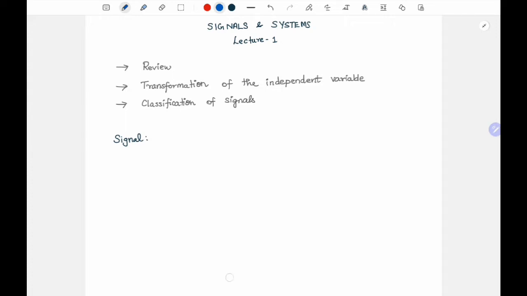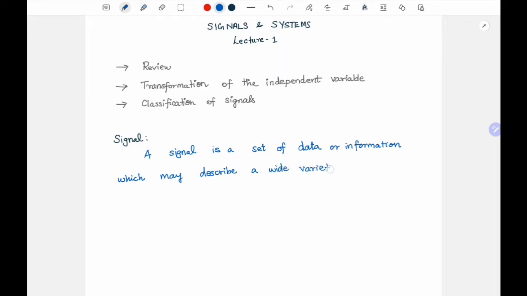So what is a signal? A signal is a set of data or information which may describe a wide variety of physical phenomena, right?